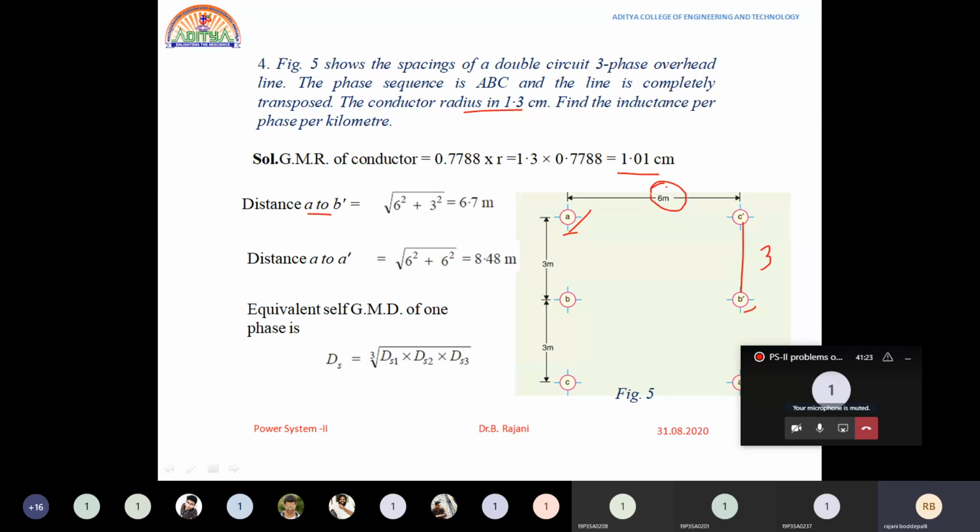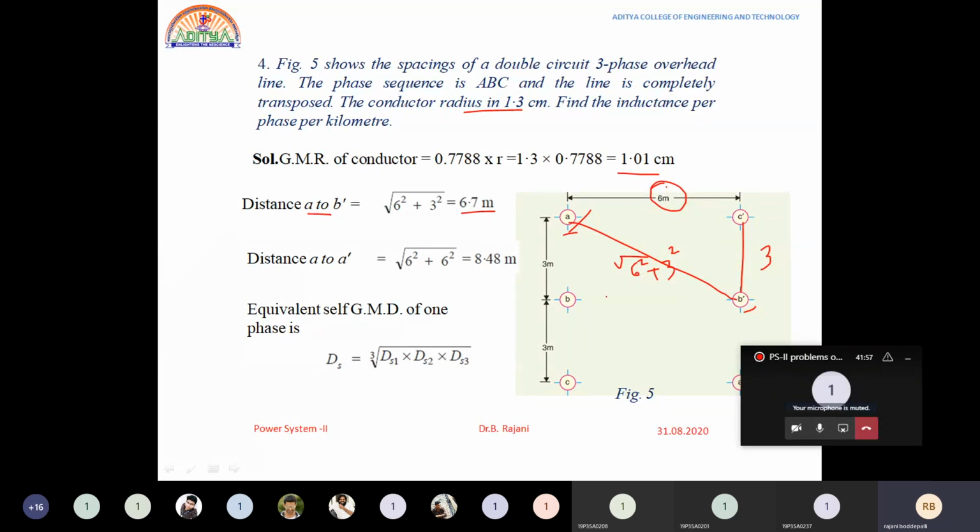Now the distance is root over 6 square plus 3 square, by Pythagoras theorem. 6 square plus 3 square gives you 6.7 meters. These are in meters, so straight away you get the answer as 6.7 meters.